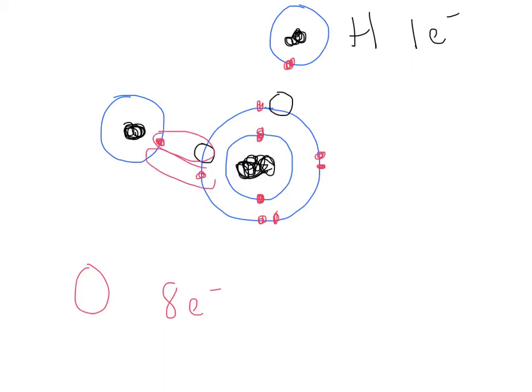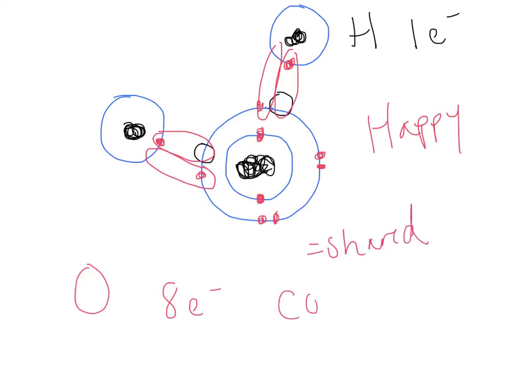By sharing, oxygen then has 2 electrons here and 2 electrons here, and hydrogen has 2 electrons in its valence shell. Now both of them are complete, and they are both happy atoms. They have shared their electrons, creating a bond that we call covalent. It is a very strong bond between atoms.